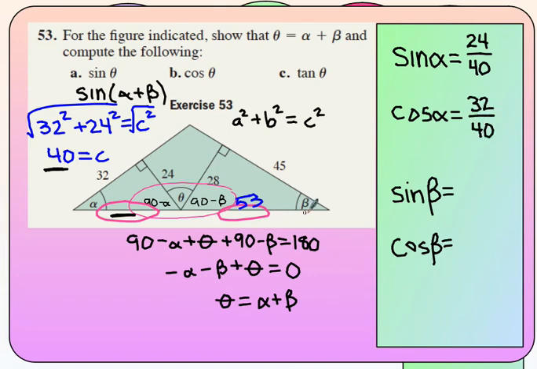Okay, then we'll look over here at beta, and we want sine is opposite over hypotenuse, so we get 28 over 53. And cosine of beta is our adjacent over the hypotenuse, so we end up with 45 over 53.